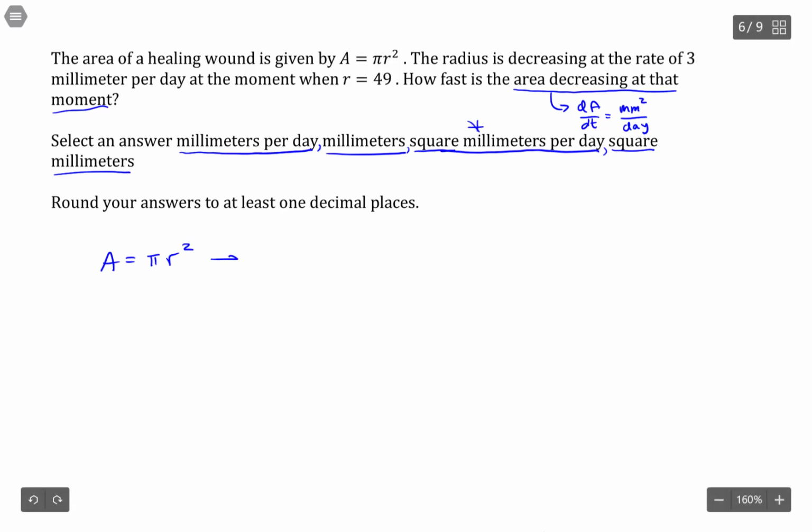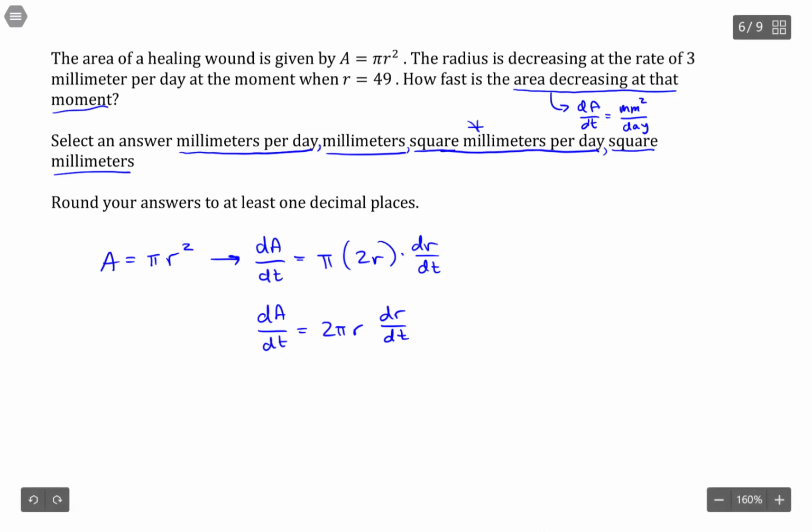So we differentiate implicitly and we say dA dt is going to be pi times this outer function r squared, which differentiates to 2r, times the inside function's derivative, which is dr dt. So it looks like we have dA dt equals 2 pi r dr dt.